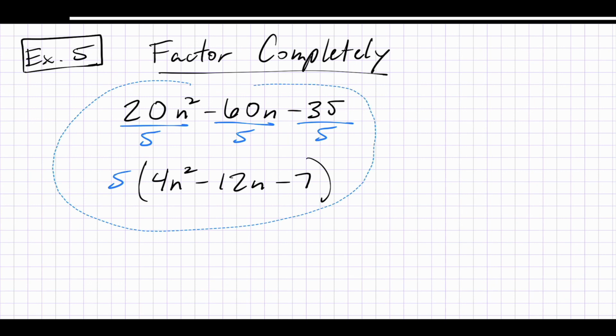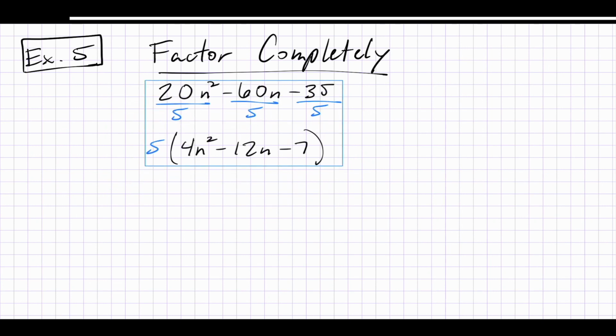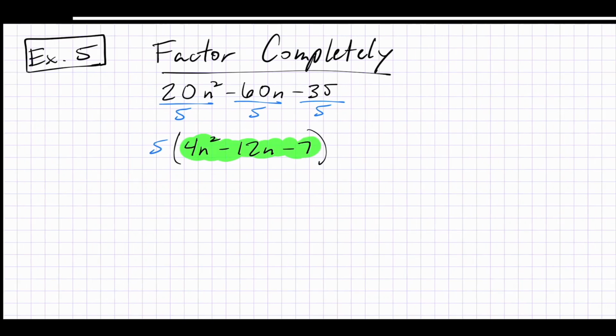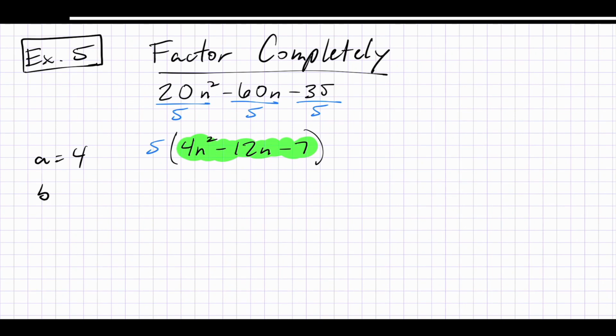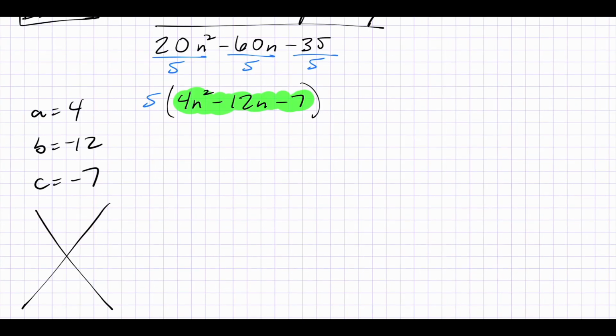So now next step, ABC. ABC with what's on the inside. So this guy right here. A is 4, B is negative 12, C is negative 7. So I get 4 times, A times C, 4 times negative 7 is negative 28. B is negative 12.